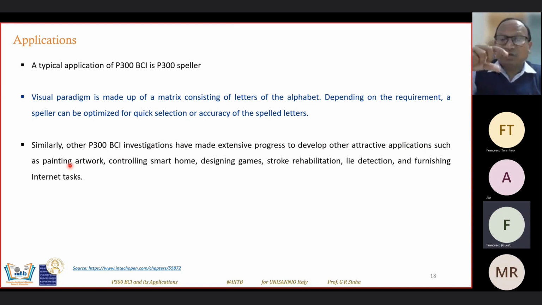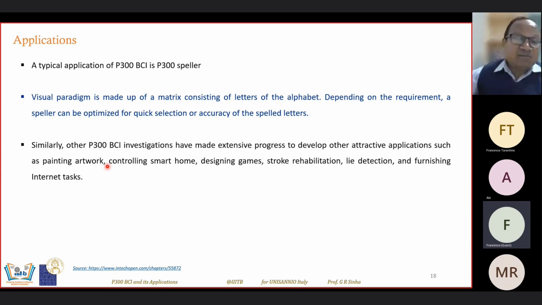I can tell you that at MIT a lot of work is going on with robots that can be controlled by BCI, where they have demonstrated this particular application, painting artwork. What is interesting is that you can even correct the robot when it is trying to do something incorrectly, meaning the robot is making some errors, and those errors can be corrected by the BCI command.